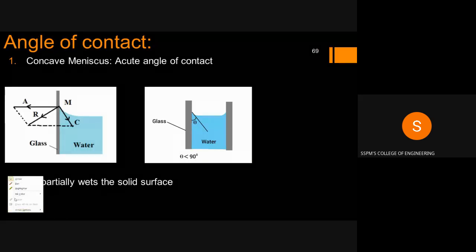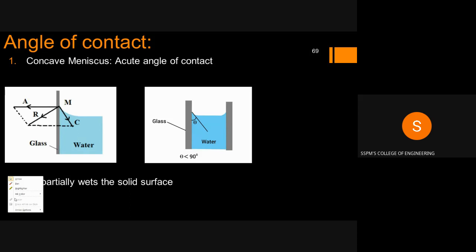Next, we have the concept of angle of contact. So in the angle of contact, first we have the concave meniscus. For the concave meniscus, the angle of contact is the acute angle.